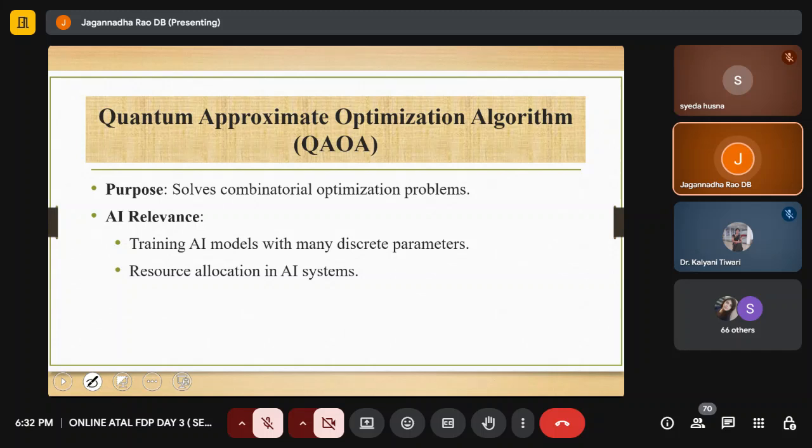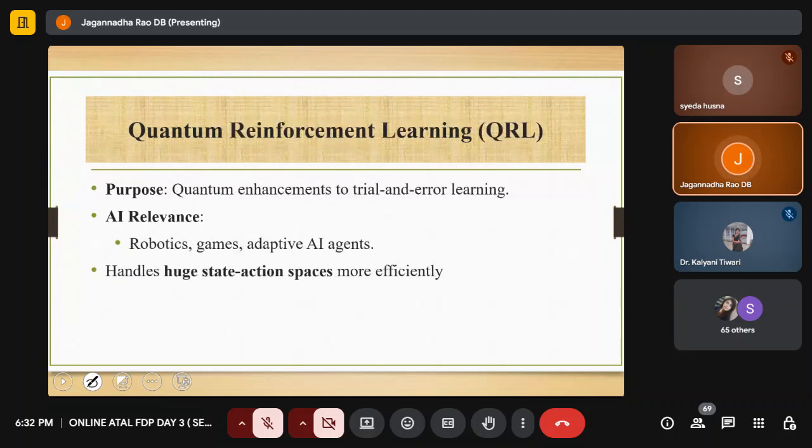Quantum approximate optimization solves combinatorial optimization problems. It is used for training AI models with many discrete parameters and also for resource allocation in artificial intelligence systems.